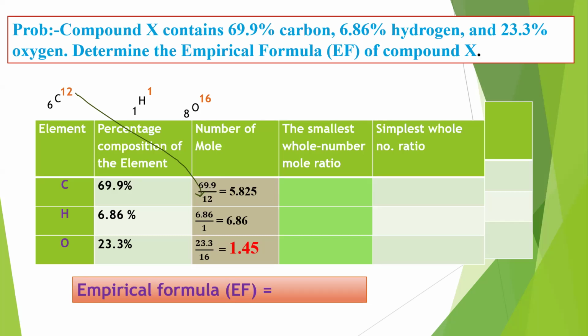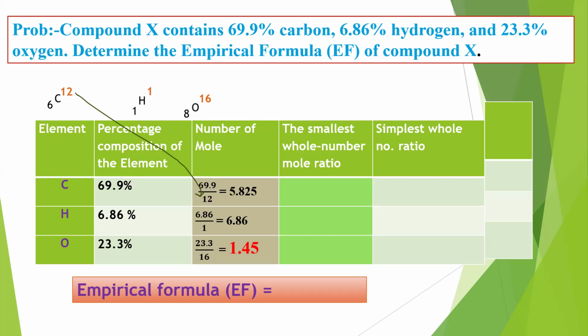Then given percentage, that is 69.9 divided by 12, because carbon atomic mass is 12. Then similarly, hydrogen 1, then oxygen 16, means given percentage divided by atomic weights, that is 12, 1 and 16.